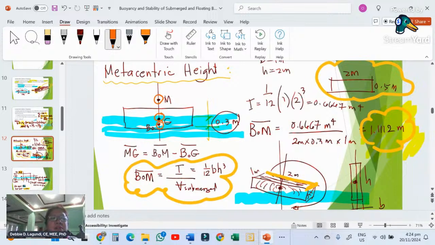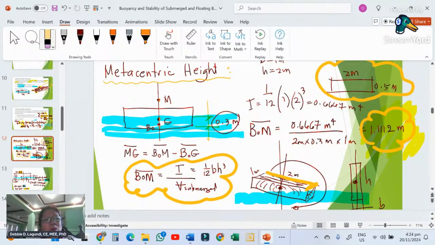Here are two formulas. MG, the metacentric height, is equal to BM, from M to B, minus BG. So you can get MG from BM minus BG. I hope that's clear. Let's go to the formula.